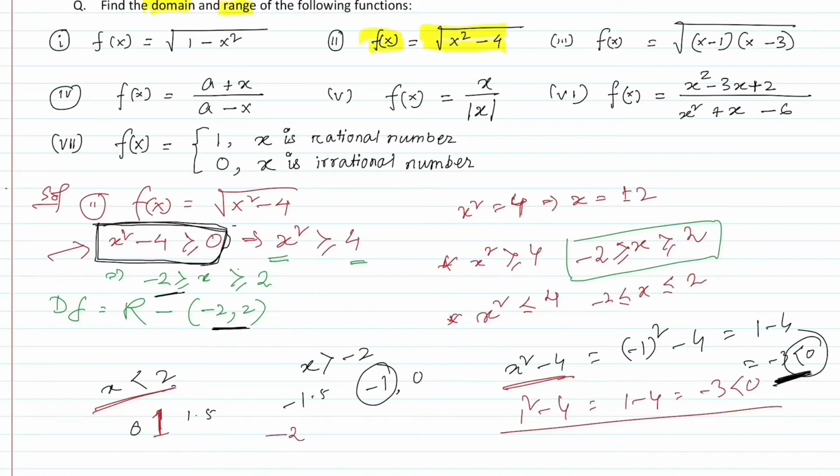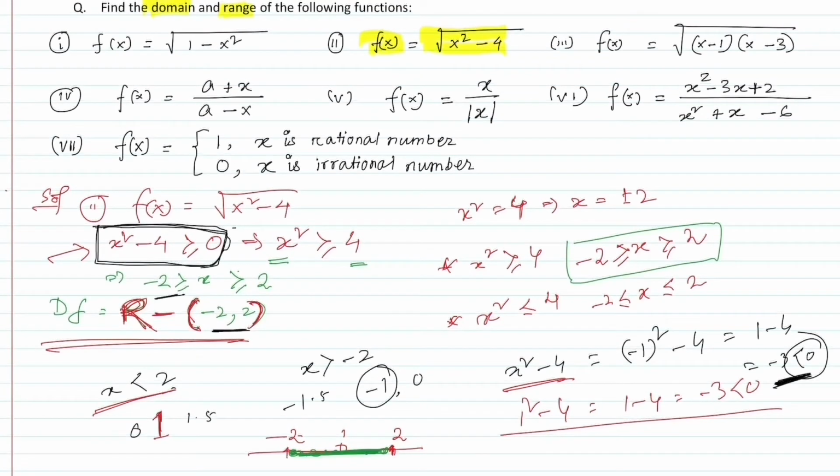So that means here you see the values between 2 and -2 on the real number line, those real numbers cannot be the elements of the domain of this function. Okay, so that's why the domain is the set of real numbers minus this open interval from -2 to +2.